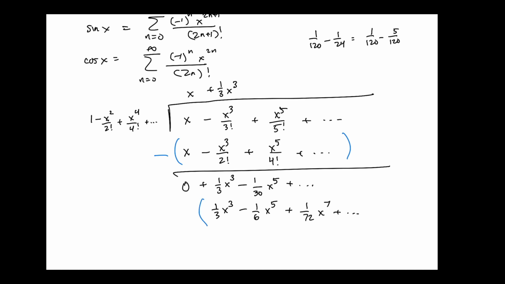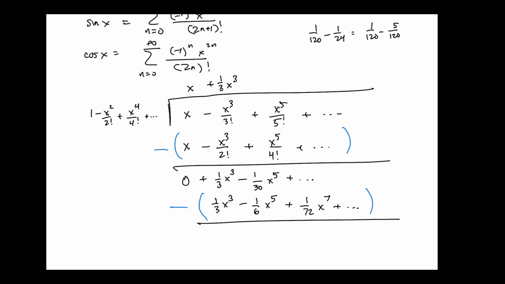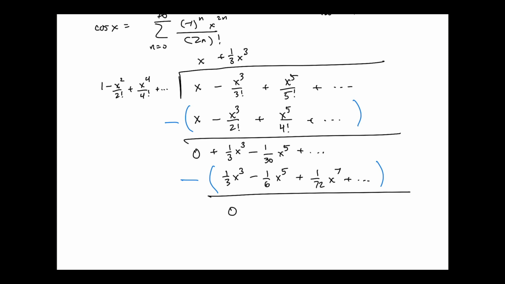Then what do I have to do? Subtract. So what's 1/30th plus 1/6? Sorry, minus a 30th, so it'd be plus 5/30ths, so that'd be 4/30ths or 2/15ths. Yep. And plus, right? So I'd have 2/15ths x to the 5th, and so on.